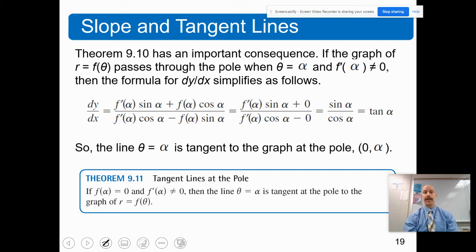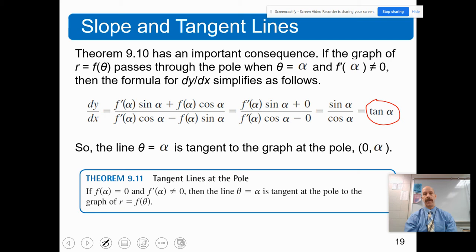Theorem 9.10 has an important consequence. If the graph of r equals f theta passes through the pole, then theta equals alpha, and f prime of alpha doesn't equal 0, then the formula simplifies to tangent alpha. So if it passes through the origin, then the derivative is much easier to do.